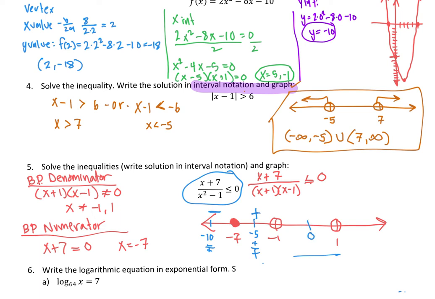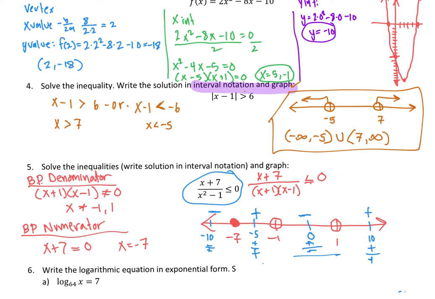I will pick 0 because it's easy. 0 plus 7 is positive. 0 squared minus 1 is negative. A positive over a negative is a negative. Then I'm going to pick something to the right of 1, that's 10. 10 plus 7 is 17, that's positive. 10 squared is 100 minus 1 is positive. A positive over a positive is a positive.